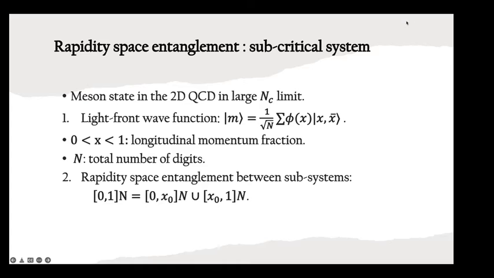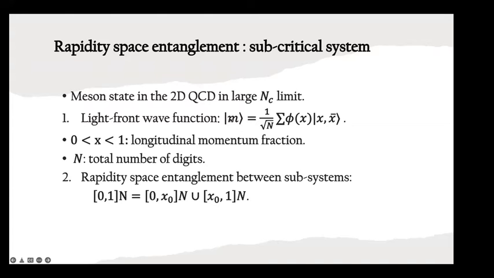So first we present the formulation of the rapidity space entanglement in subcritical systems. More precisely, we consider perhaps the simplest but physical system, two-dimensional QCD in the large Nc limit, which is roughly speaking solvable.